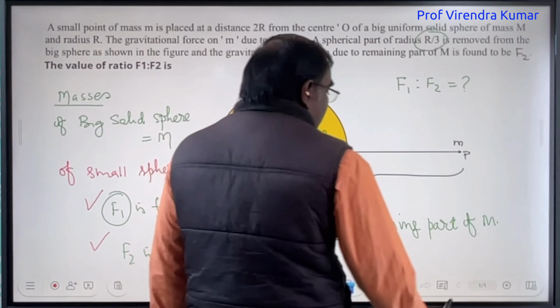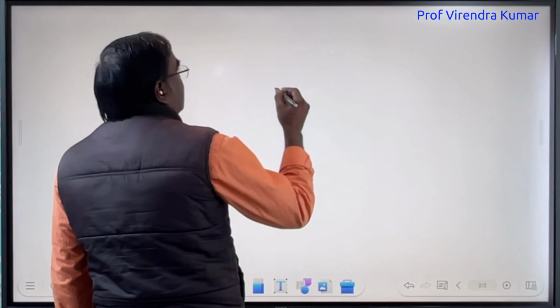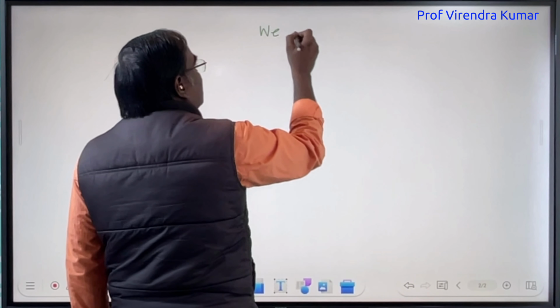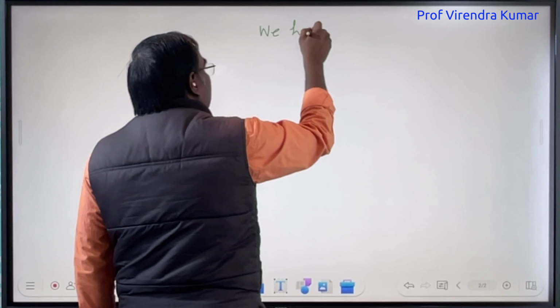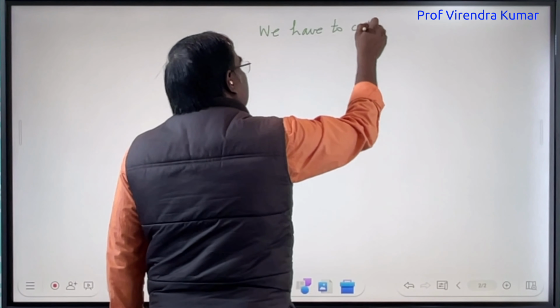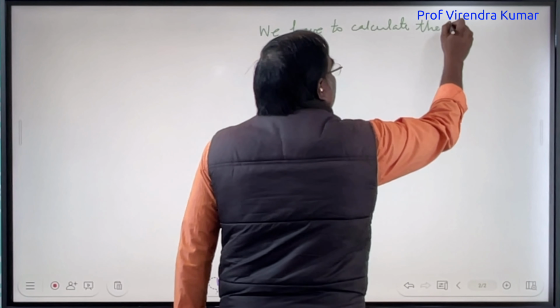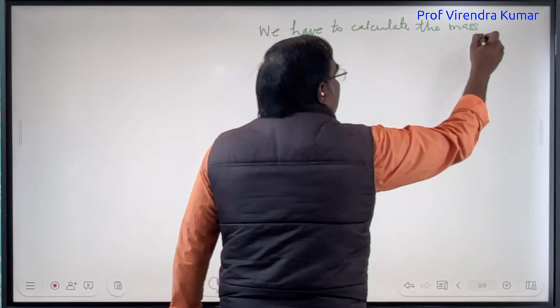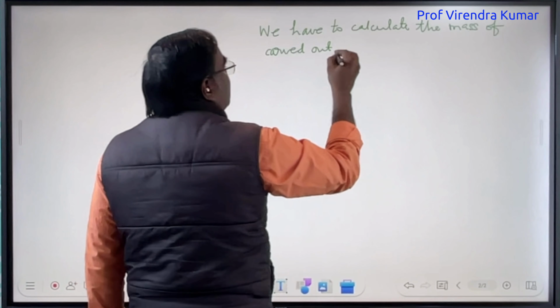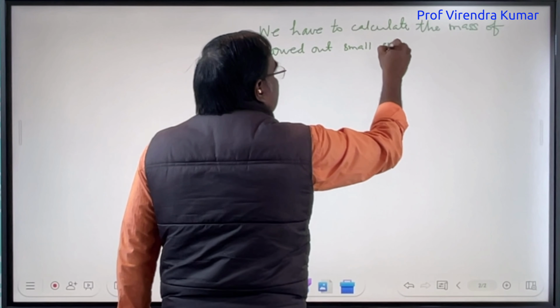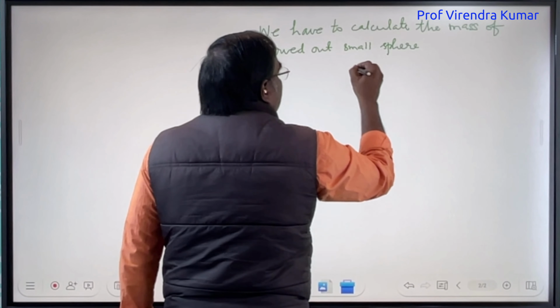So let us see. Firstly we have to calculate the mass of the carved out small sphere, M prime.